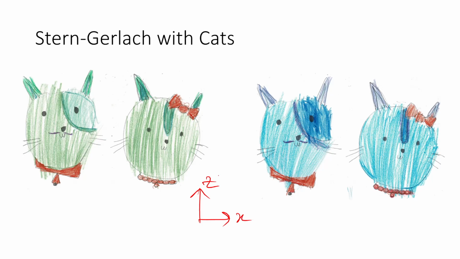The z feature: these cats are either gentlemen, which have a bow and a mustache, or gentle ladies, which have a bow and a necklace. All the gentleman cats have a mustache and a bell, right? That is one feature. And the other feature is that all these cats come in only two colors. They're either green or blue. That's it. So these are classical analogs of spin. So let's do this experiment with cats.